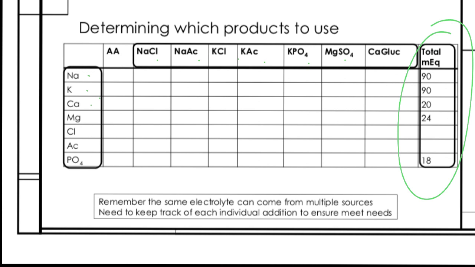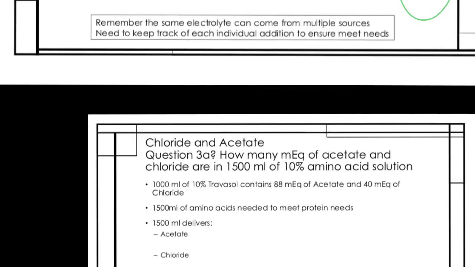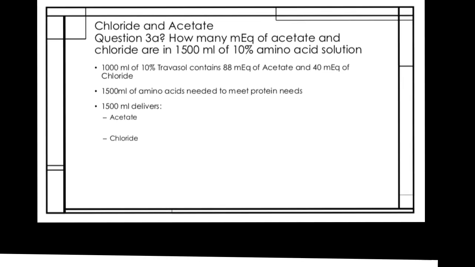The calcium, you want to use as the gluconate. So match your electrolytes with your formulation and figure out how much you need to add to get your total daily electrolyte requirements. Okay, so first things first, we're going to add the acetate and the chloride.